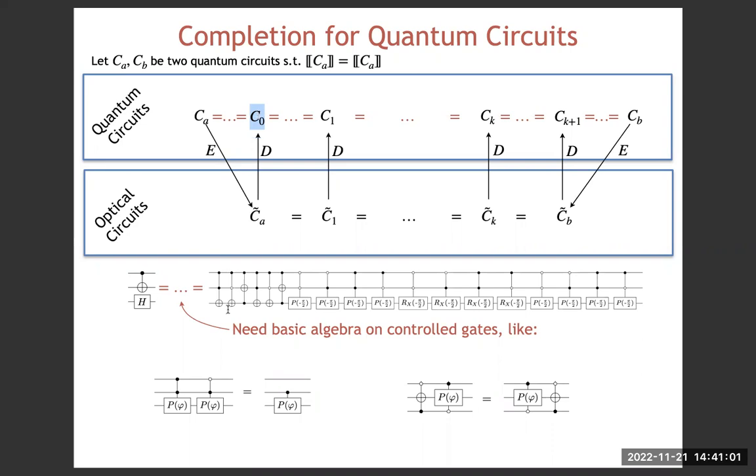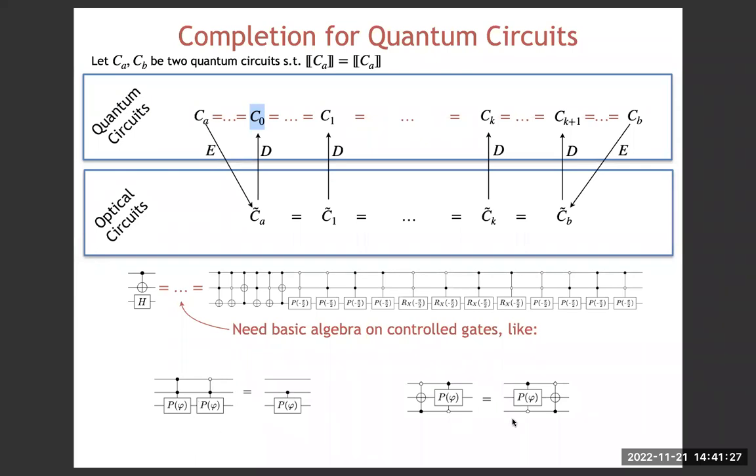Okay, so what we actually need is some basic properties on controlled gates, in order to be able to prove that this circuit is equivalent to this one. And by basic properties on control gates, I mean, for instance, this kind of property. If we control an anti-control with the same thing, then you can just replace it by this unitary transformation.